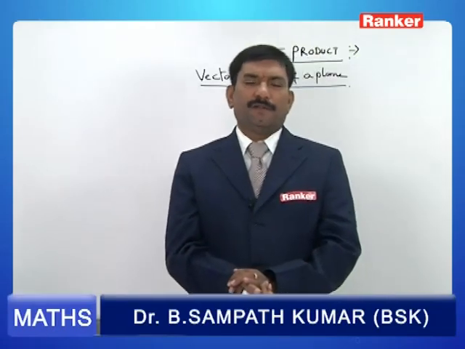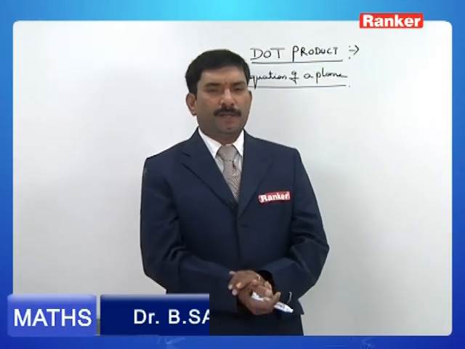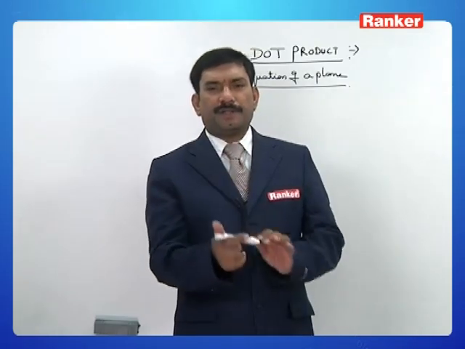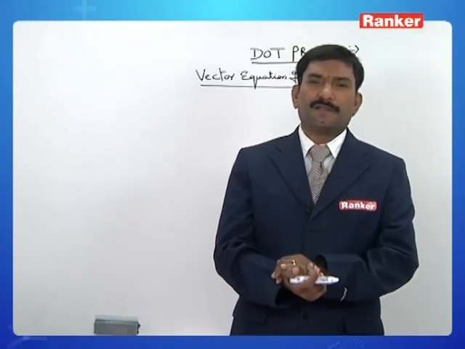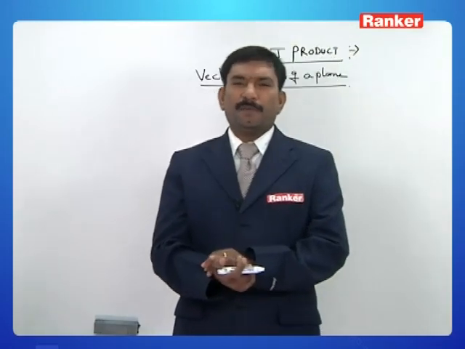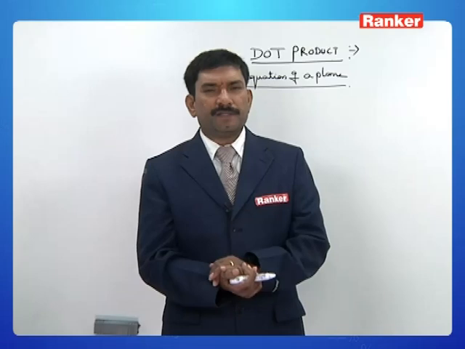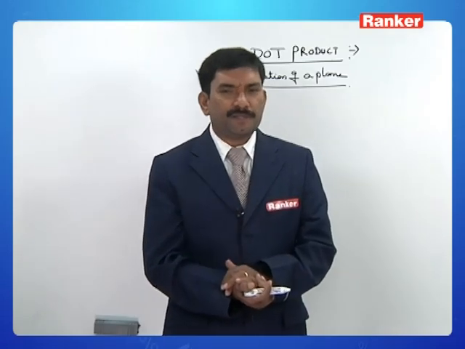Meanwhile, the vector equation of a plane passing through 2 points A bar and B bar and parallel to vector C bar is R bar is equal to (1 minus S) A bar plus S B bar plus T C bar.